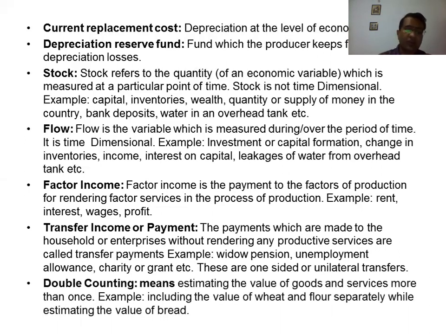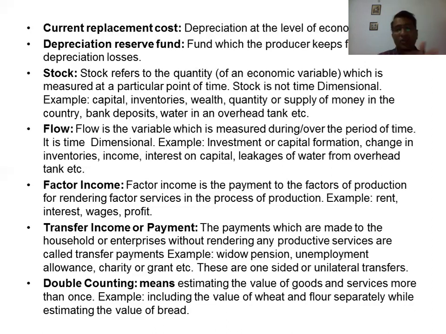Then double counting. Double counting means estimating the value of goods and services more than once. For example, counting the value of wheat and flour separately while estimating the value of bread. One time wheat is purchased by the flour mill from the farmers, and then they sell the flour to customers.